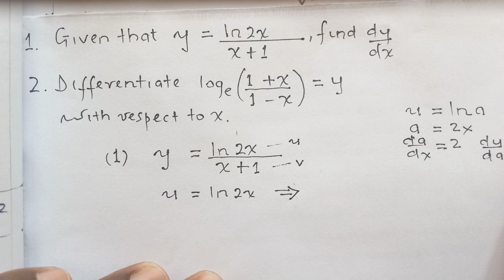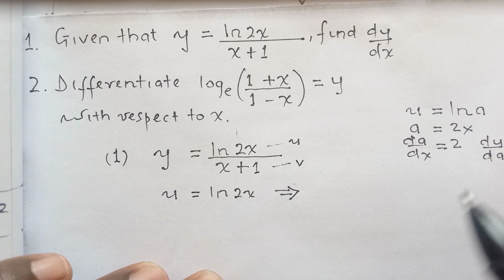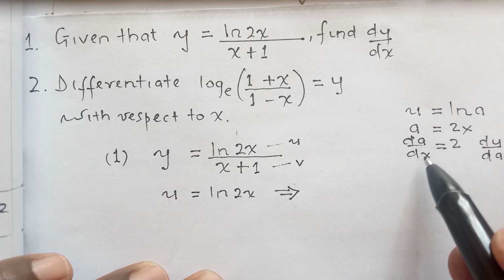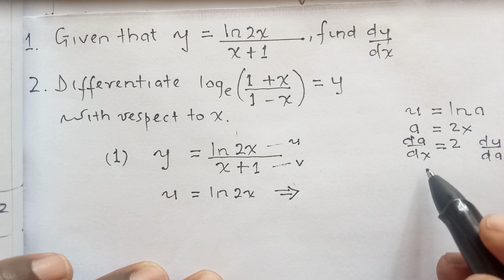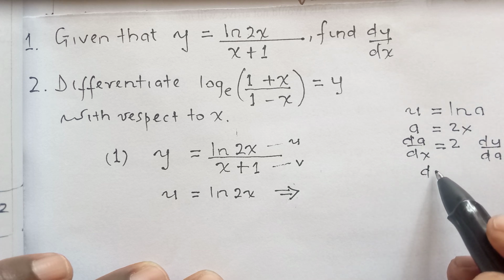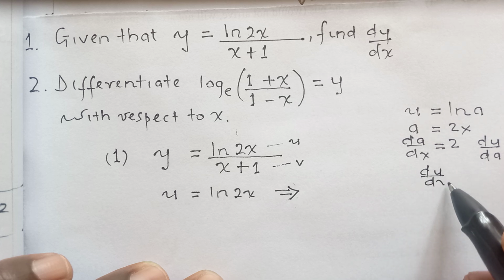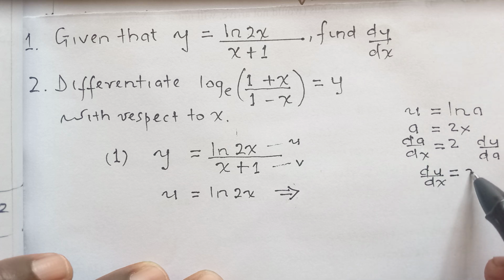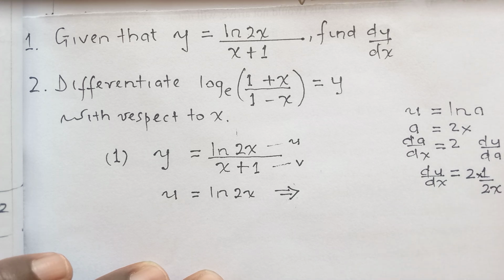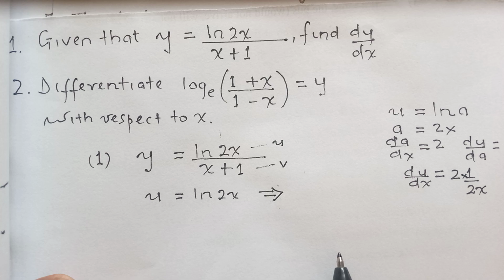And so finally we have da over dx multiplying by du over da, and we shall remain with du over dx. So this will give us 2 multiplied by 1 over a, which is 2x.